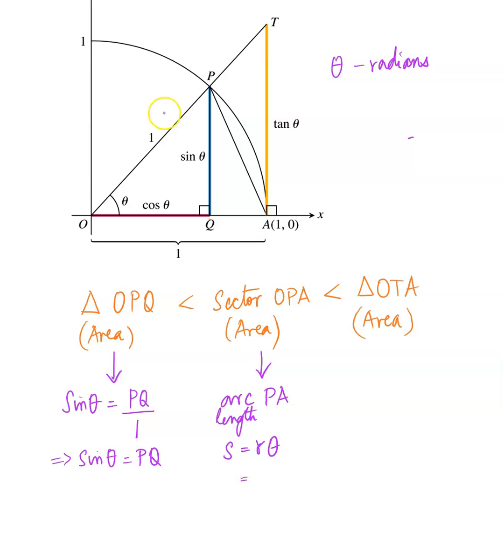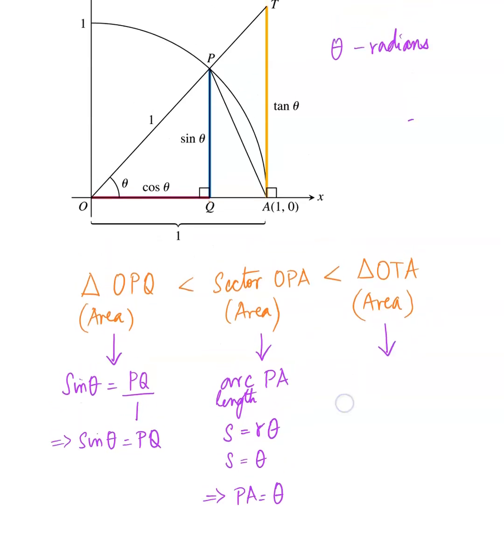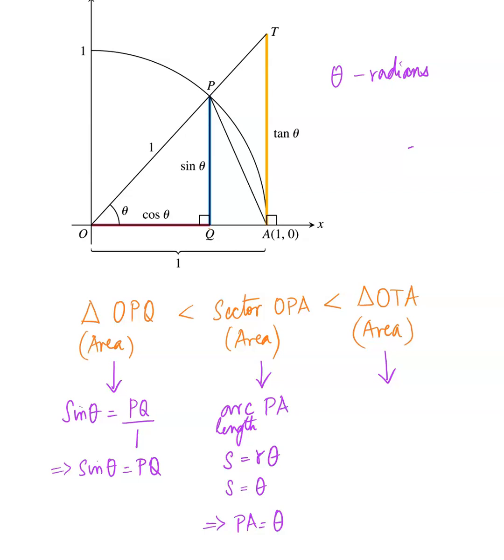And what is R here? The radius is 1, so S itself is equal to theta, meaning the arc length PA is theta. Okay. And then from this triangle with the yellow side, again, you can think of tan theta.